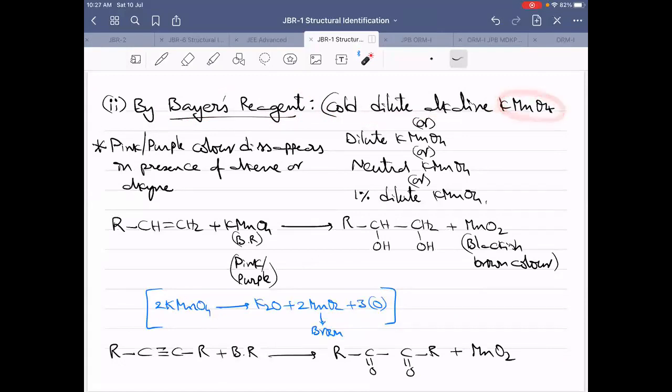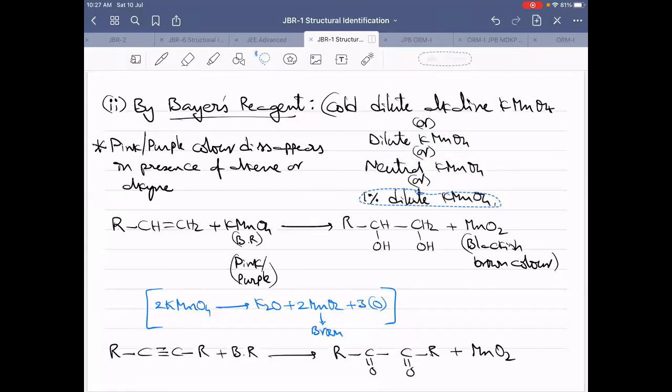Potassium permanganate. So this compound, sometimes Bayer's reagent is given with a slight modification also, so that they try to get you confused. Like these examples you see.